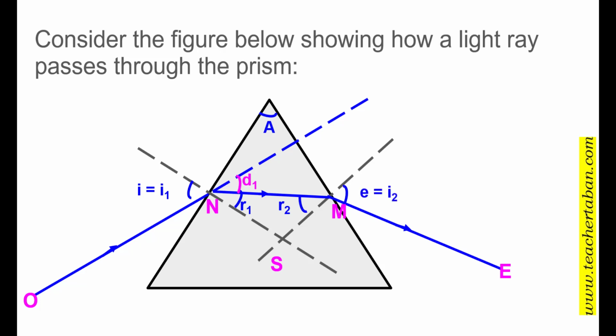We shall call it angle I2. So I1 and I2 are the angle of incidence and the angle of emergence. But in general, we shall be calling them the angles of incidence, I1, I2.